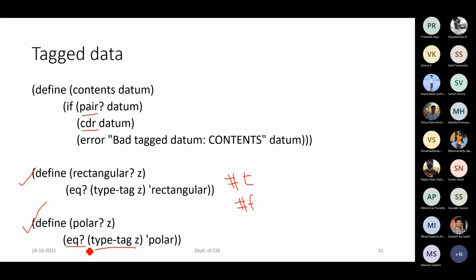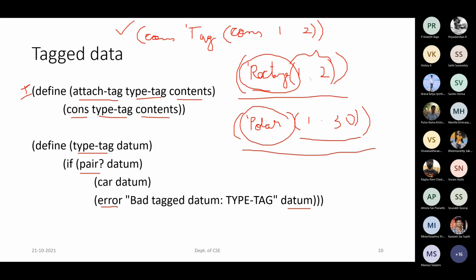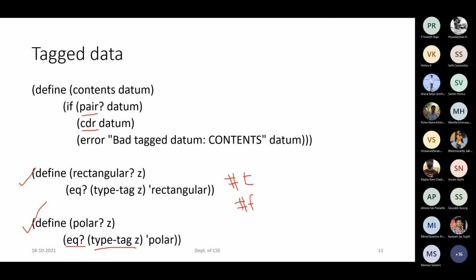Okay. So we have now discussed the constructor, how we construct the complex number. After that, we discussed how we select the first part and the second part of the constructed complex number. The names used were type tag for selecting the first content, and contents for selecting the actual content of your complex number.